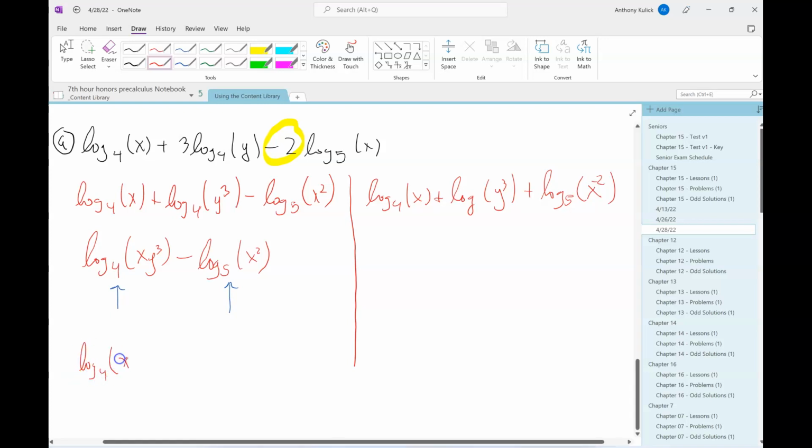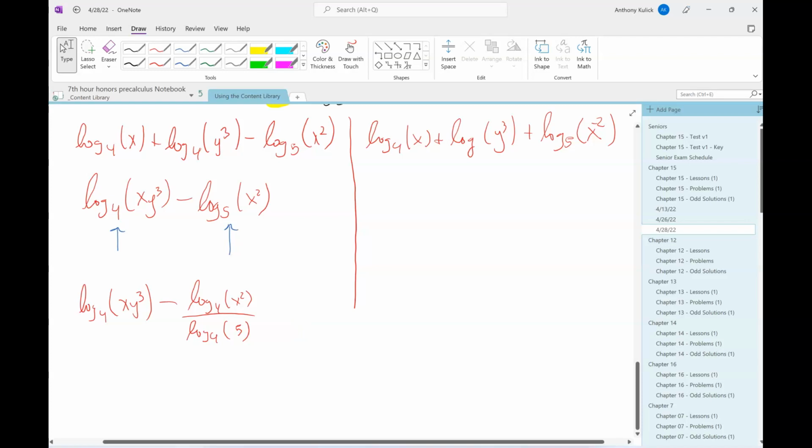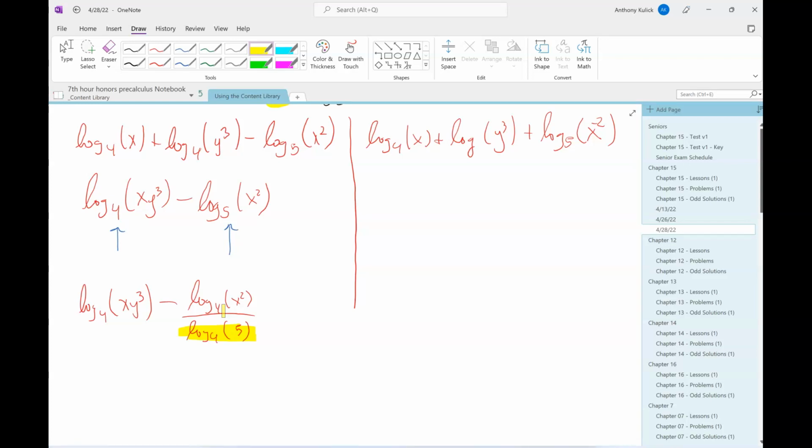So this is what I would do if you wanted to go this route. I'd write this as log base 4 of x squared over log base 4 of 5. I would think about this really now as a coefficient, like 1 over log base 4 of 5 times log base 4 of x squared.